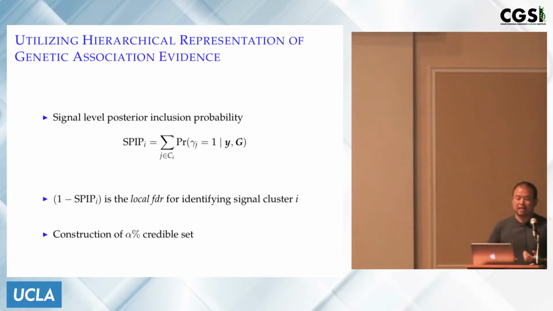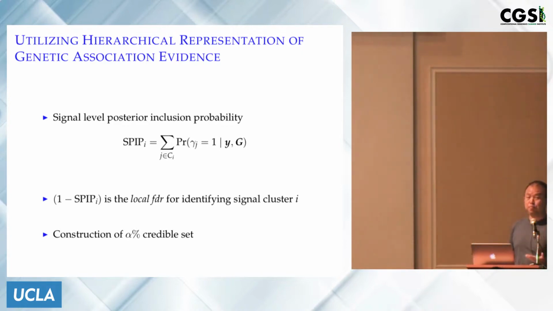If you do that, you put the structure into the omega, and then you can have this signal level posterior inclusion probability. It's simply the sum of the SNP level posterior probabilities as long as they belong to the same signal cluster. And it is guaranteed that this is a valid probability distribution, meaning it's bounded by 0 and 1.